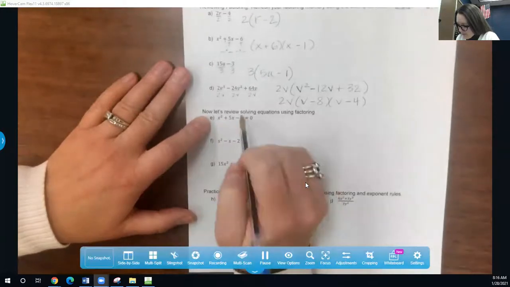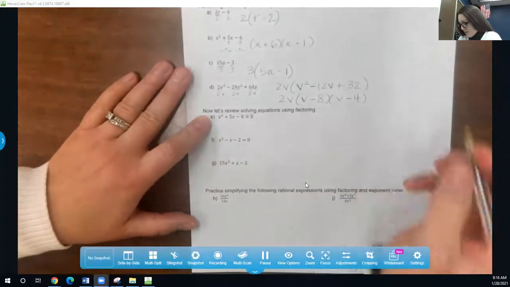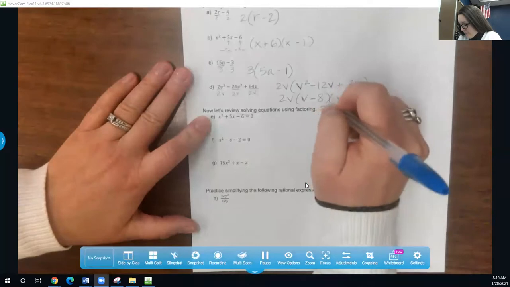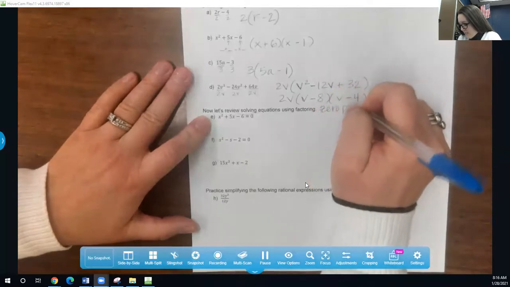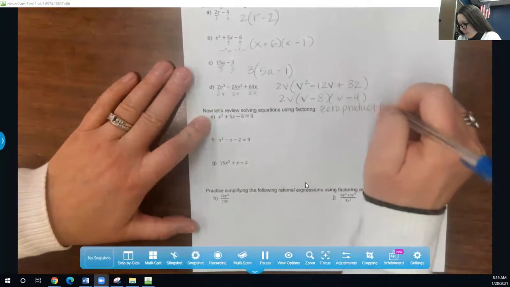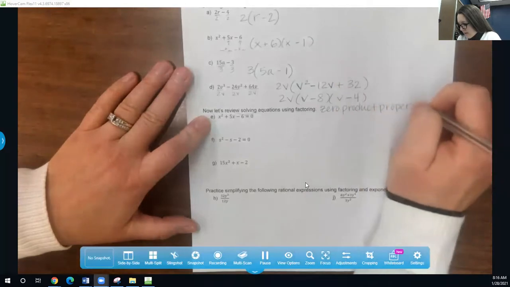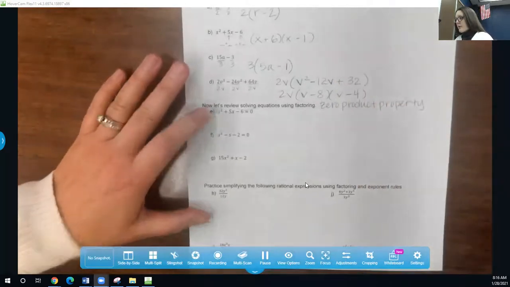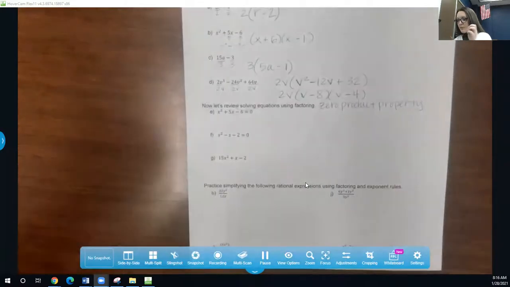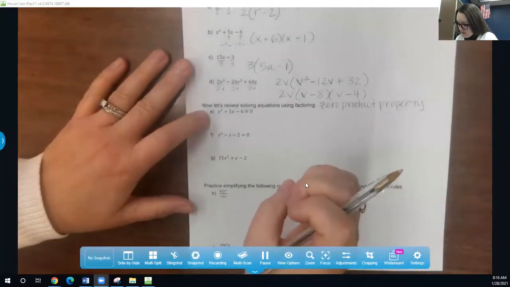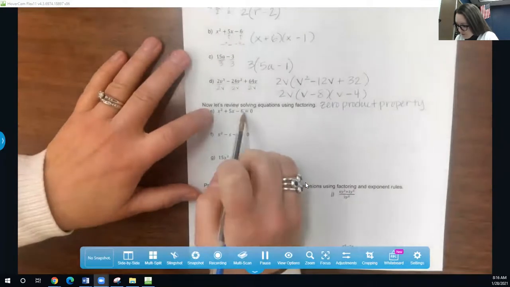All right, let's look at E. We're going to solve equations. So remember, solving equations, we want to think about our zero product property. That means that I can set either one equal to 0 and it will equal 0, right? Because if I multiply something by 0, it all equals 0. All right, so first we're going to factor.